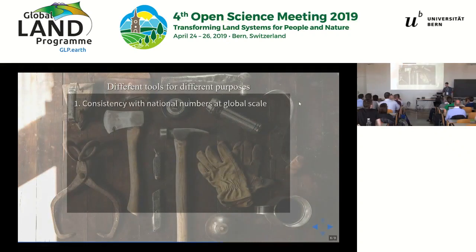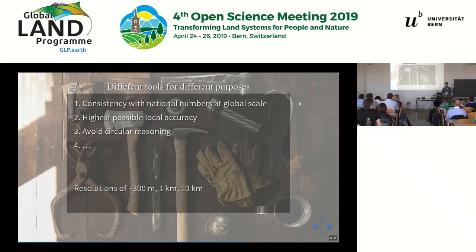So you might, for example, be interested in consistency with national numbers at the global scale for IPCC or IPBES assessments, or you might need the highest possible local accuracy for resource management, or you might want to do causal research and thus need a data set that avoids circular reasoning.